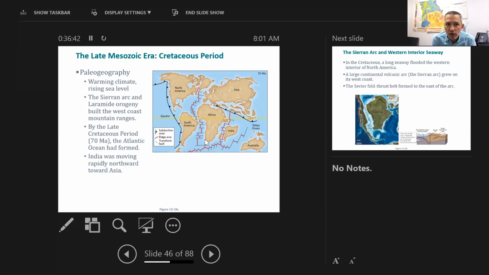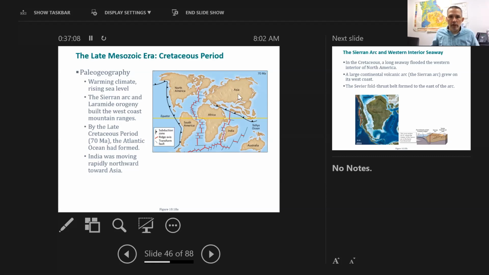The continents start to look more like their current shape. We start having the formation of the Atlantic Ocean. By the time we hit the end of the Mesozoic and the Cretaceous period, India is moving on a collision course. Here we can see it hasn't quite hit Eurasia yet, but it will.